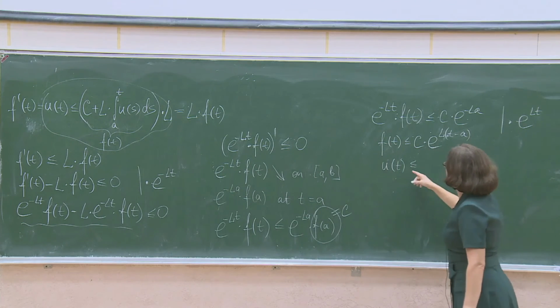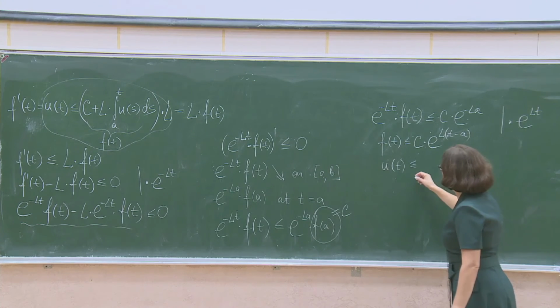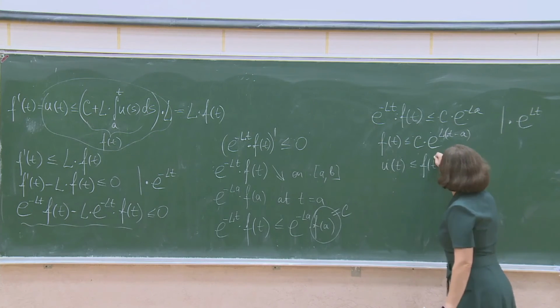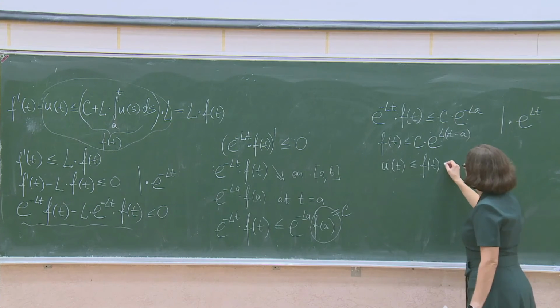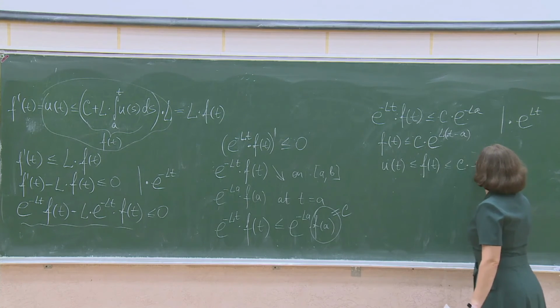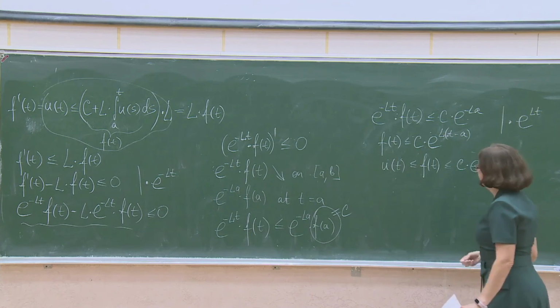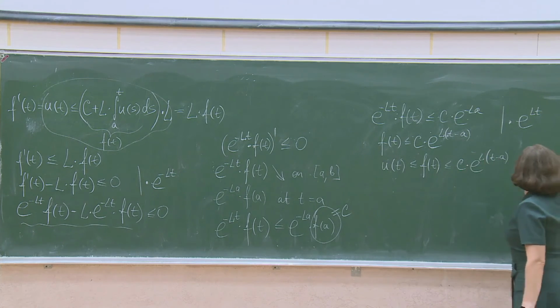Right, it is less than or equal to f of t by the hypothesis, and it is less than or equal to c times e to the power L times t minus a. So it is proved.